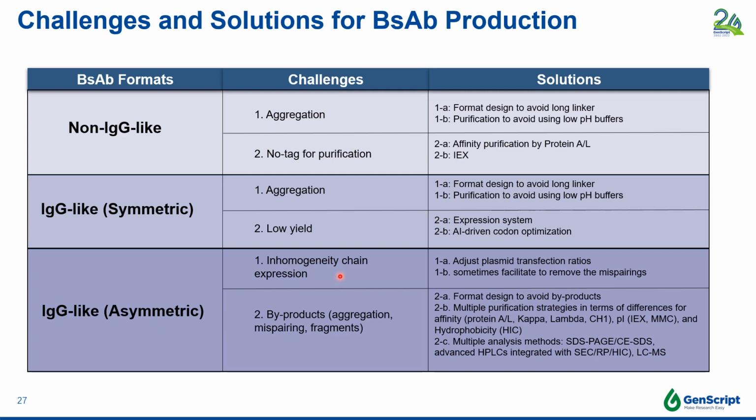The first one is the chain expression level. As in the cases I mentioned before, different chains may have different expression levels. You have to optimize the plasmid ratio to get as much of the right assembly of your BsAb as possible, or some easy-to-remove mispaired byproducts.